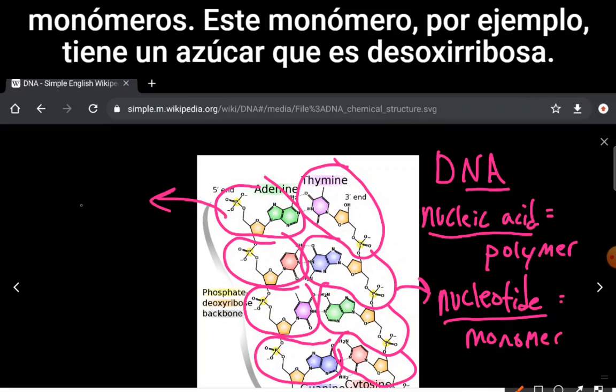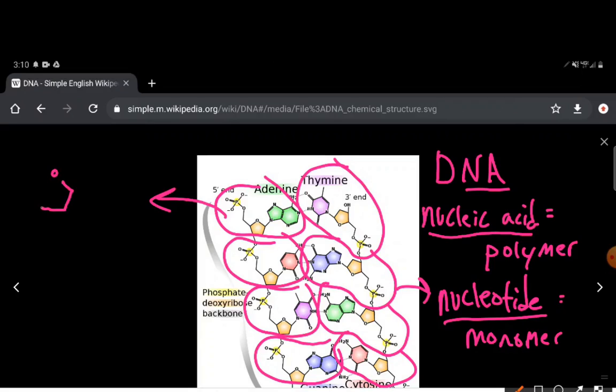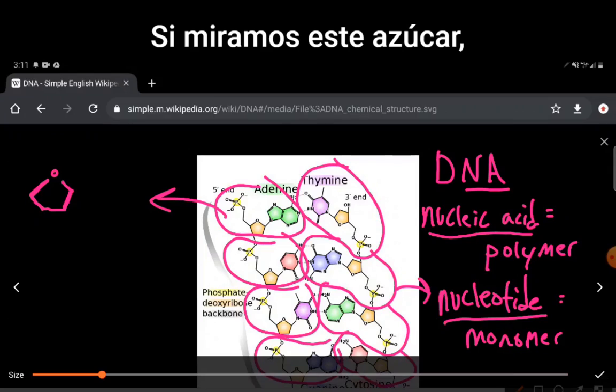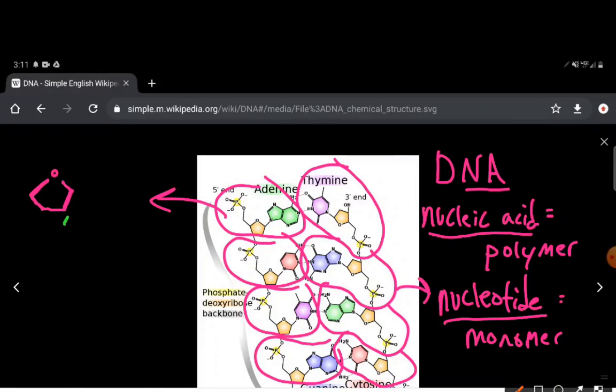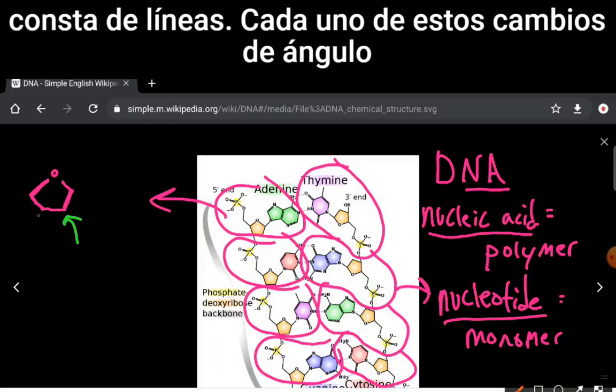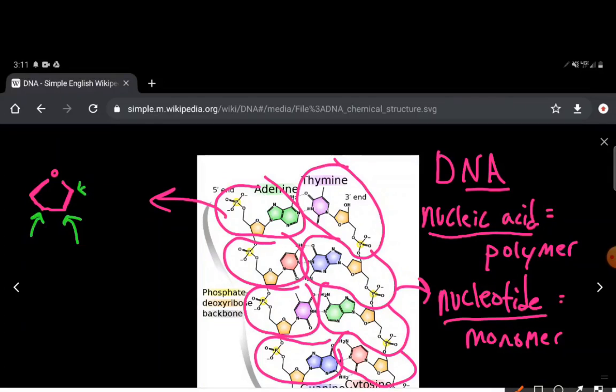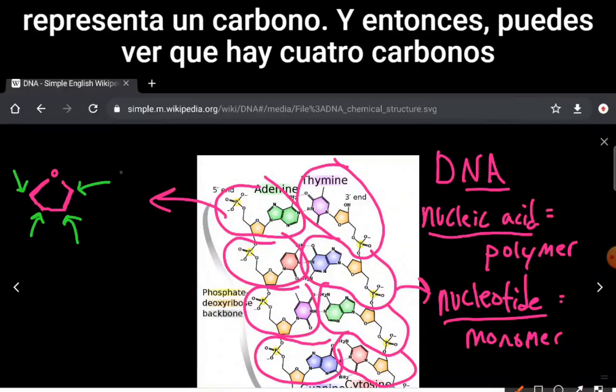This monomer, for example, has a sugar, which is deoxyribose. If we look at this sugar, it consists of lines. Each of these changes in angle represents a carbon.